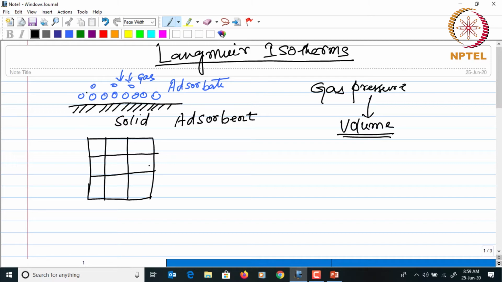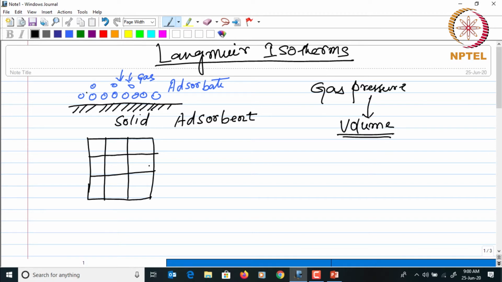According to the Langmuir theory of adsorption, the adsorbent or the solid surface is considered to be a homogeneous surface having specific sites in which the adsorbate molecules can bind. And the binding of the adsorbate molecules on these sites, that means the adsorption process, is treated as a chemical reaction.